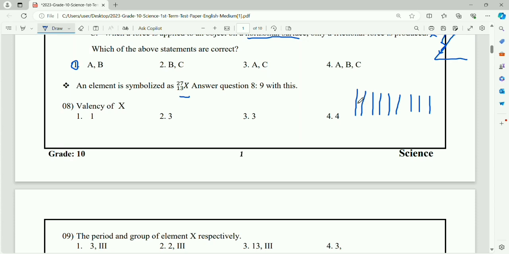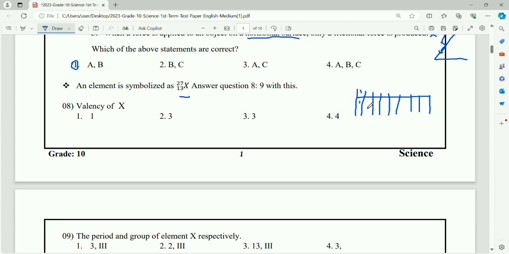So when we talk about the valency, here valency will be 1 because it has 1 electron in the last orbit. So it will lose this 1 electron and get a strong electronic configuration like group 8.